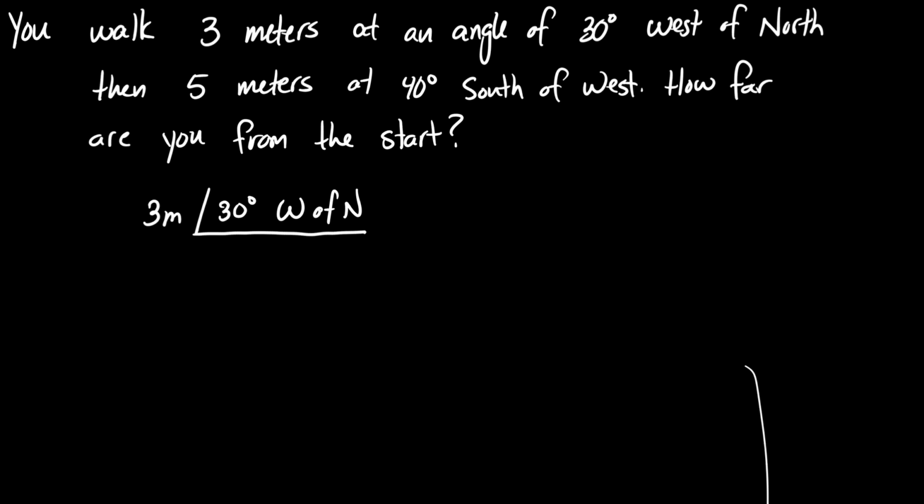My next vector, 5 meters, 40 degrees south of west. All right, so I've identified any and all given vectors. These are both displacement vectors.